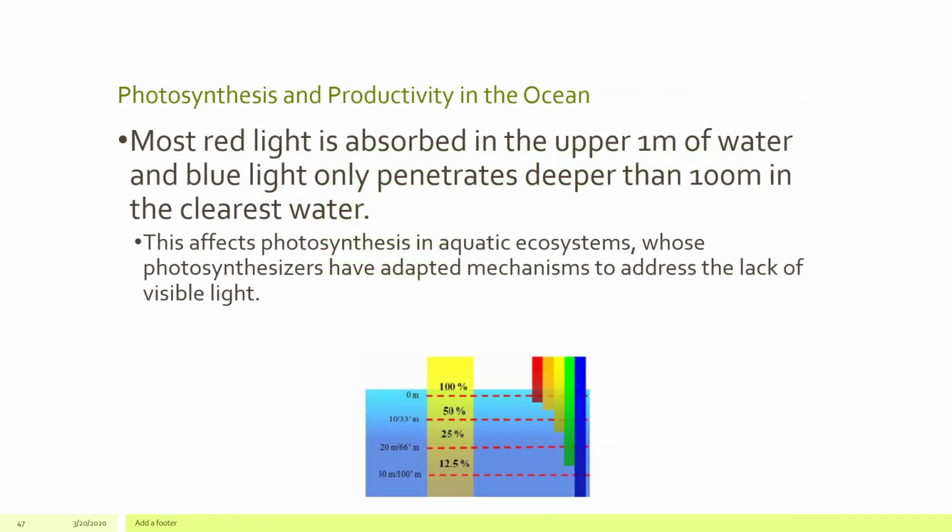Now, when we look at photosynthesis in the ocean, most red light is absorbed in the upper 1 meter of water. Blue light makes it about 100 meters in the clearest amount of water. And this is what affects the photosynthesis in aquatic ecosystems because they have to have the ability to take that light and convert it.